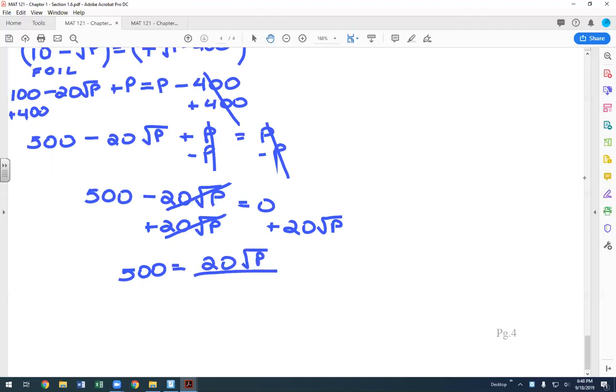And then just divide both sides by 20. So my zeros will cancel out. 50 divided by 2, or 500 divided by 20. 25.